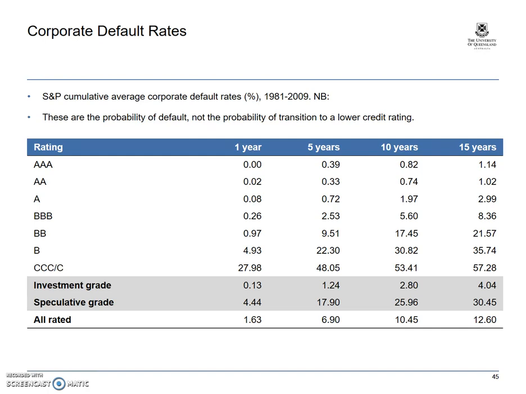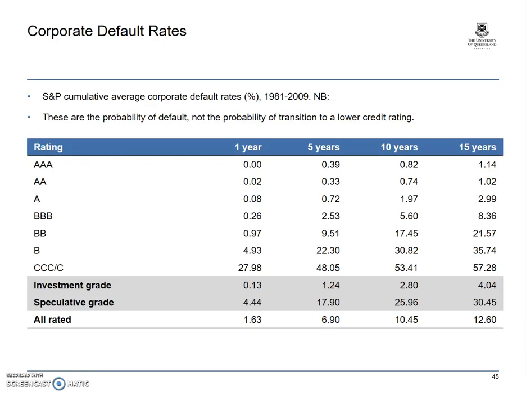An important note here is this is the probability that the bonds in fact default, not the probability that the bonds may get downgraded to a lower credit rating. We call that the probability of transition. This particular table is purely looking at whether the bonds actually default over a particular period of time.